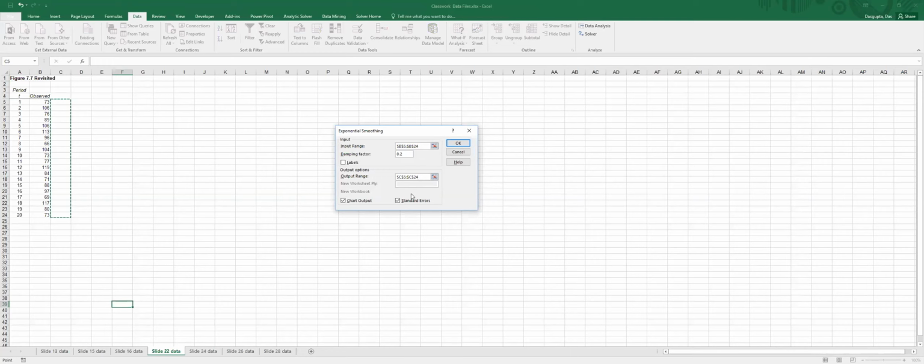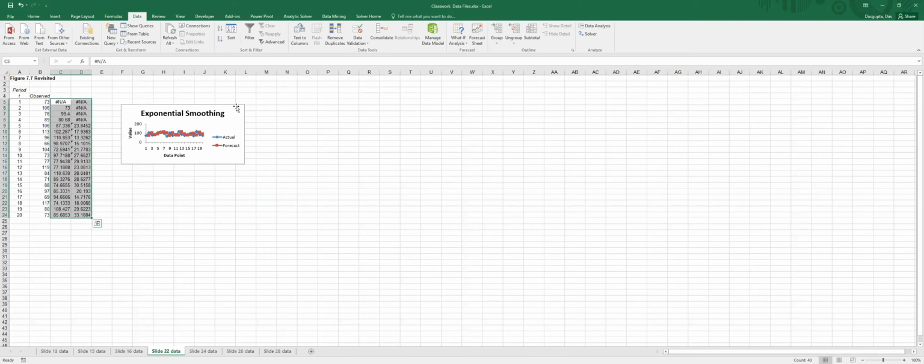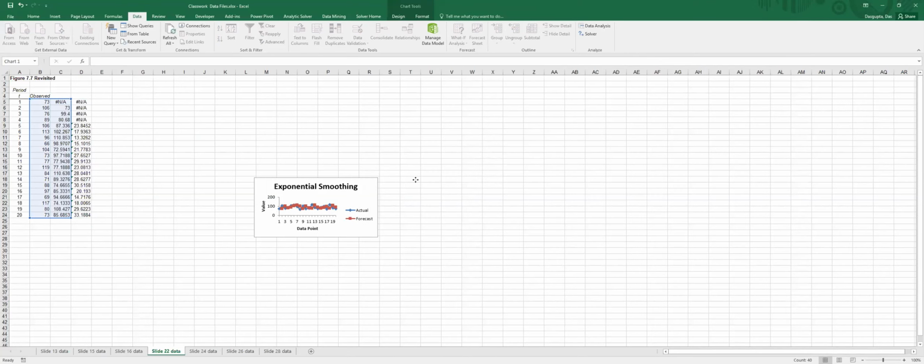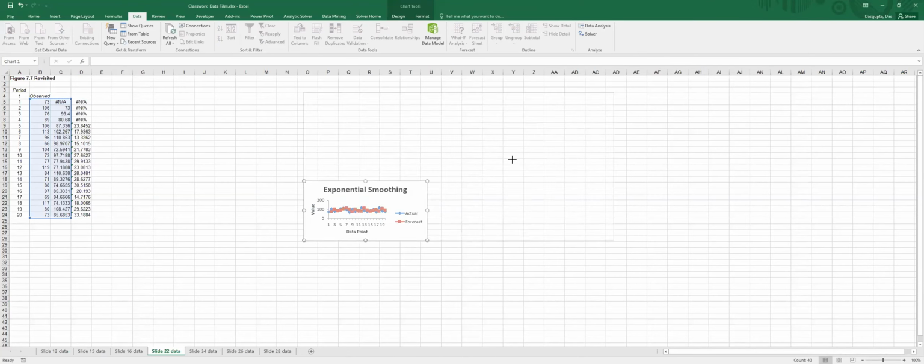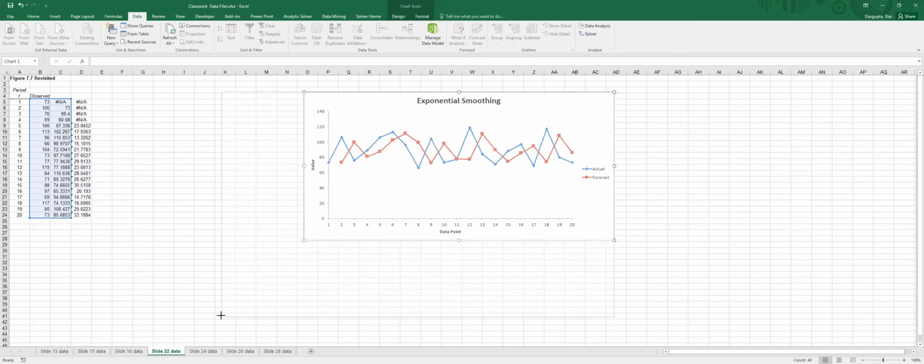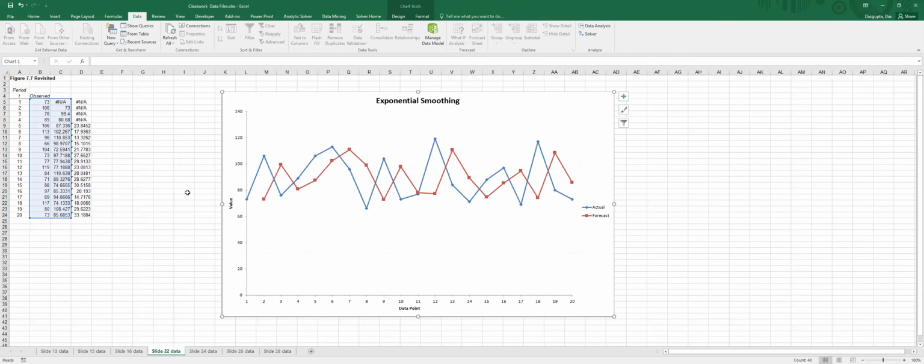Chart output with standard errors. So again, the graph comes out small, make it super big to actually see what's going on. And you see it has done the exponential smoothing with output generated here.